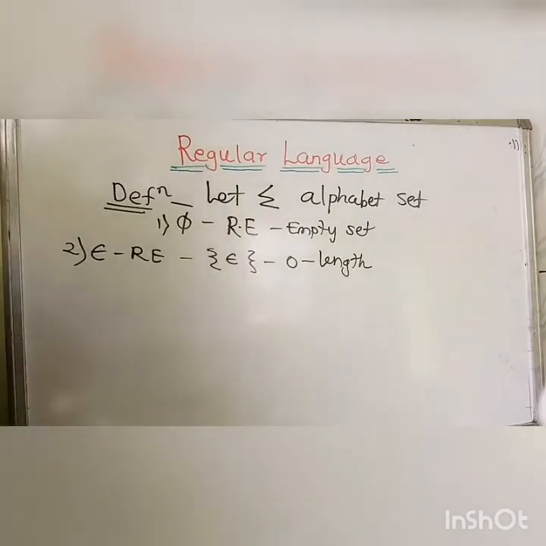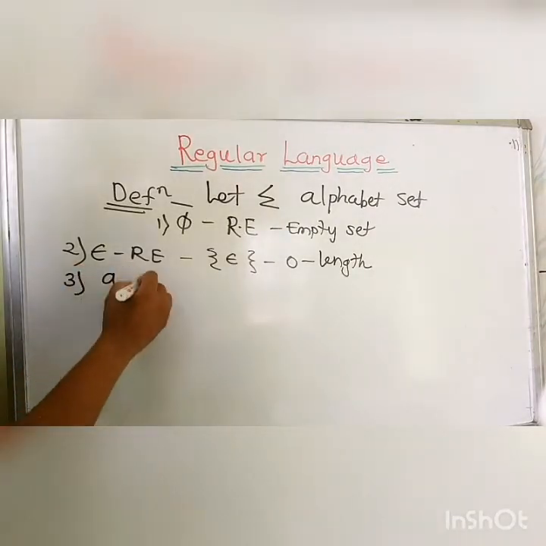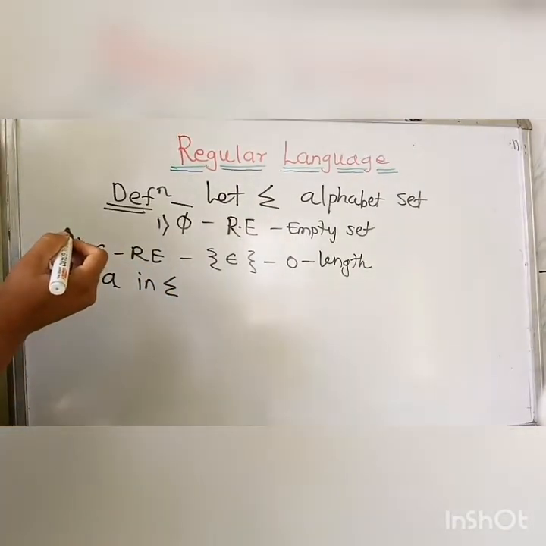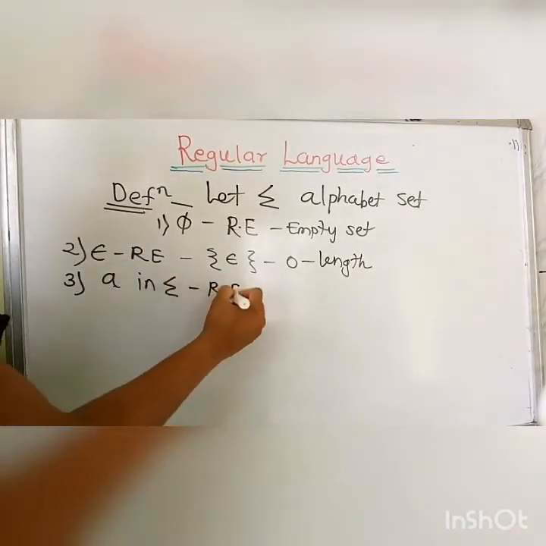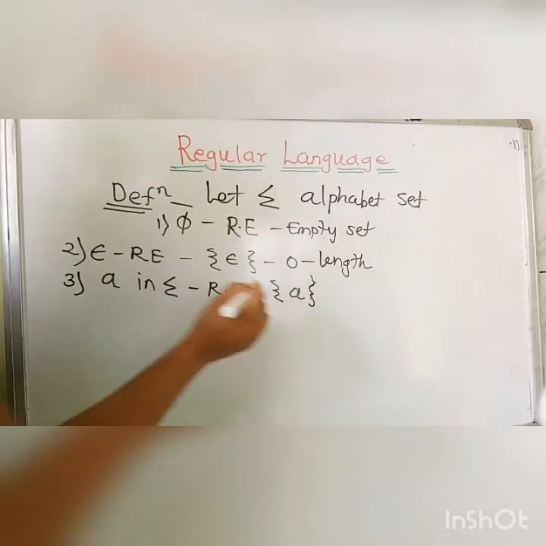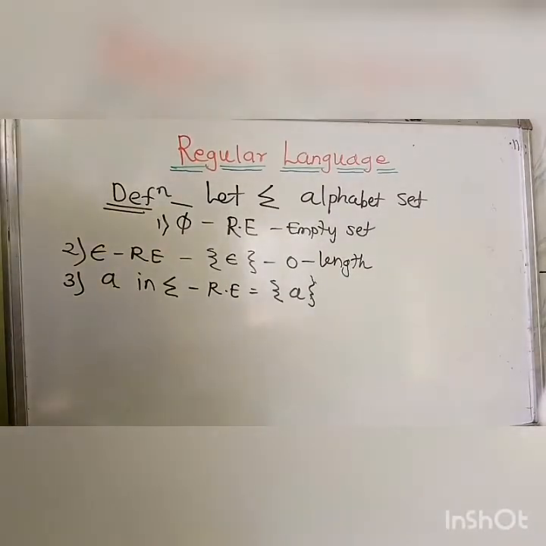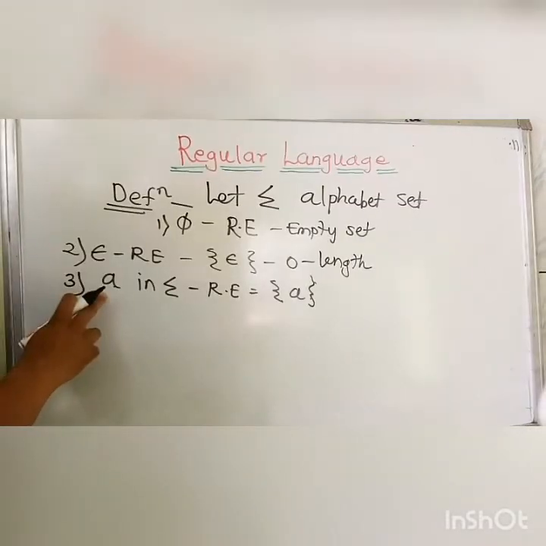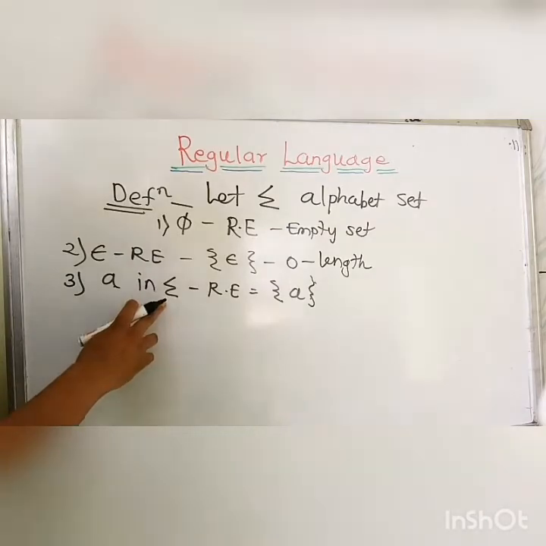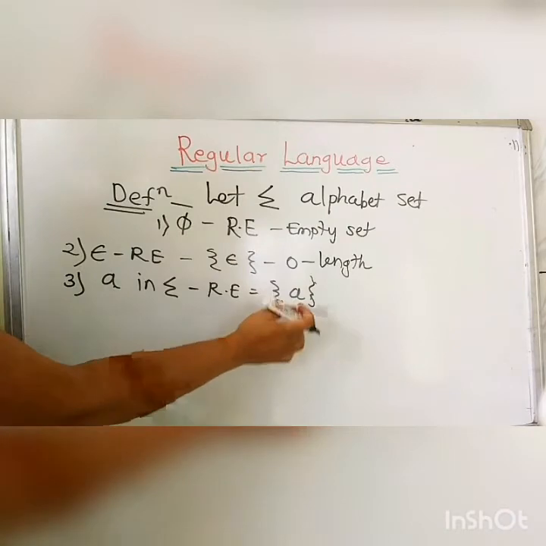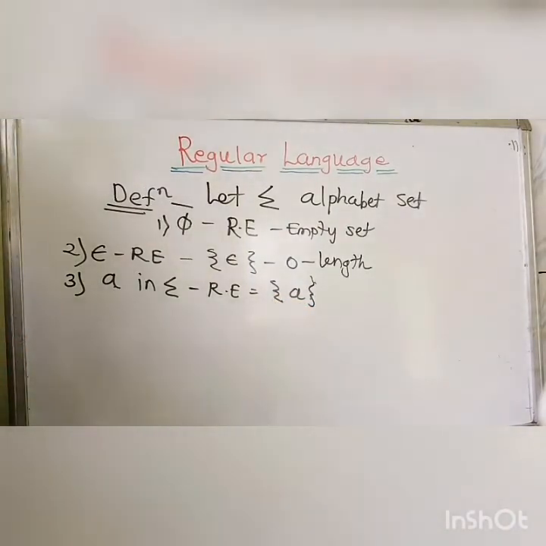For example, for each a in any alphabet in this alphabet set, it denotes the regular expression curly bracket containing single a. Explaining it further, each and every alphabet from this alphabet set comes under these curly brackets as a part of this regular language, and we call them regular expressions.